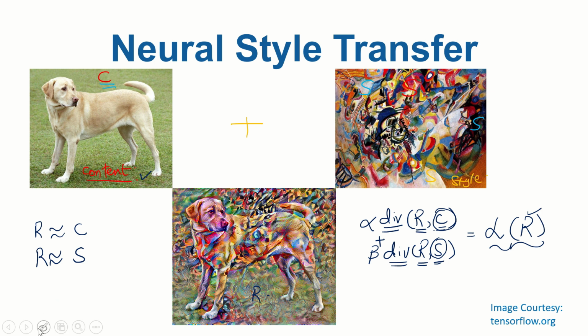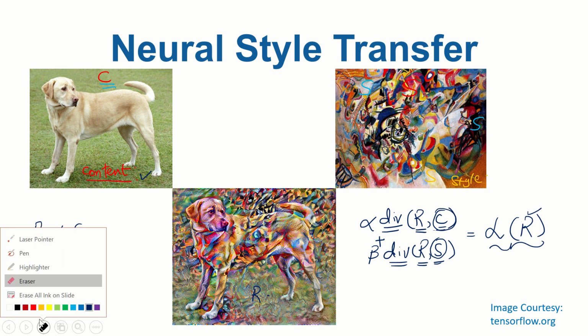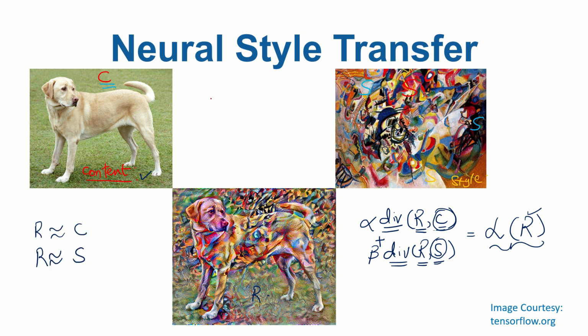It is important to note, and we have also described that earlier in the visualization section, that the early layers of any convolutional neural network exhibit low-level features and low-level details, and the deeper layers capture more high-level or complex patterns.